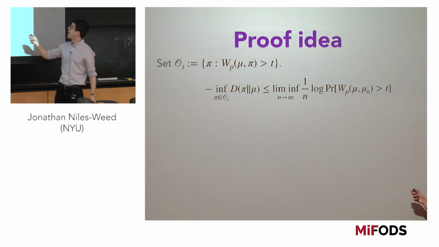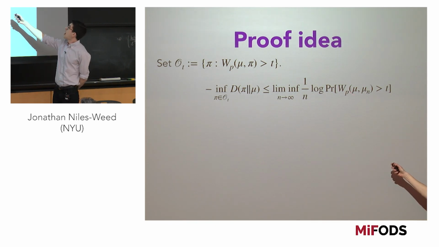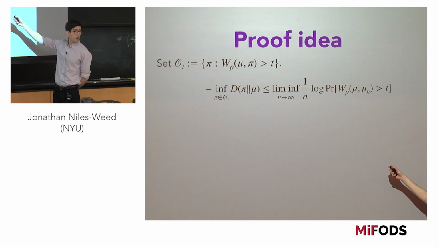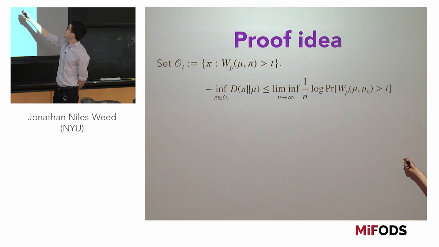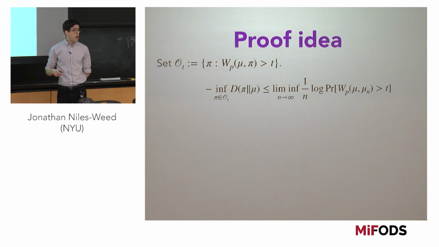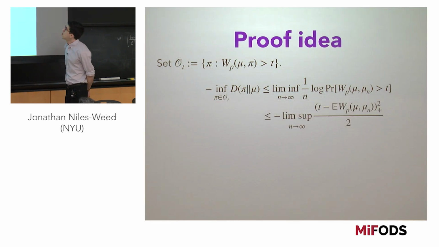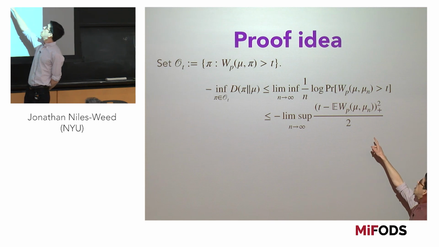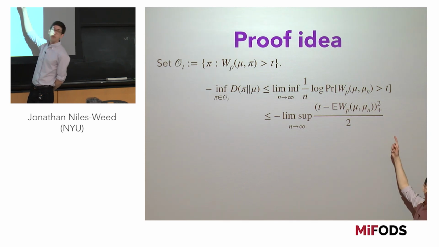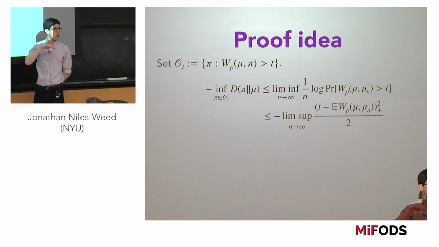Let's parse the right-hand side. Remember what I assumed. I assumed that this quantity concentrated well around its expectation. In particular, had sub-Gaussian tails. So this probability then, I assume can be bounded by something that's of sub-Gaussian form. So plugging it in, I have to correct by subtracting out the mean, because I had concentration around the mean.